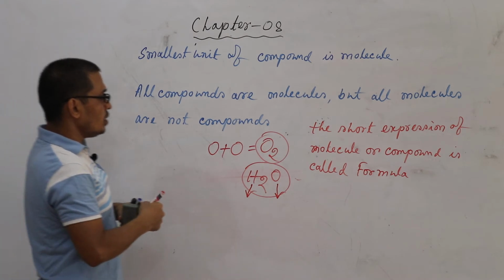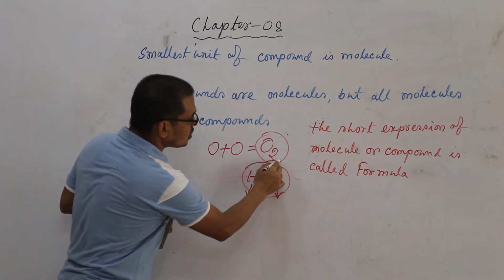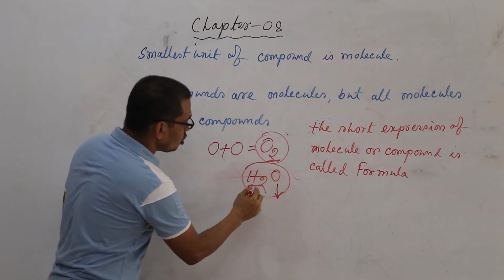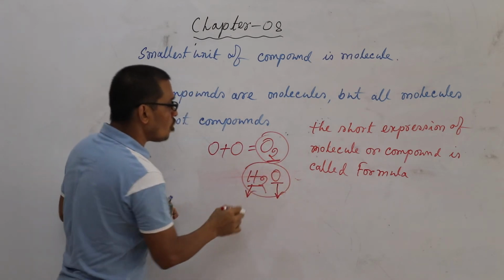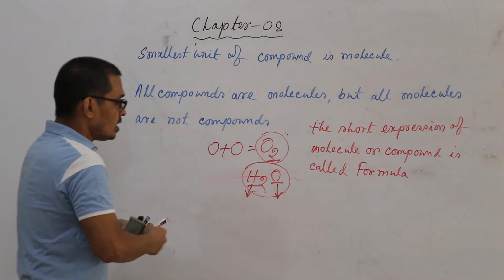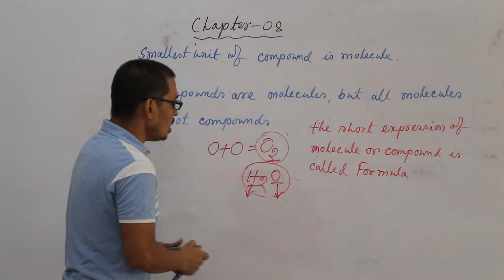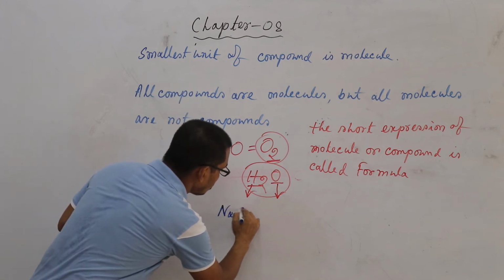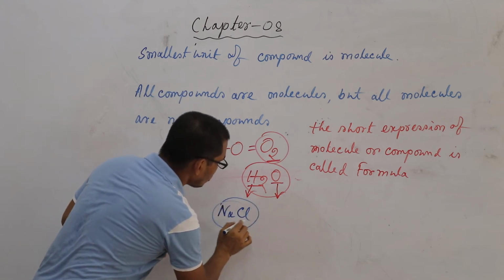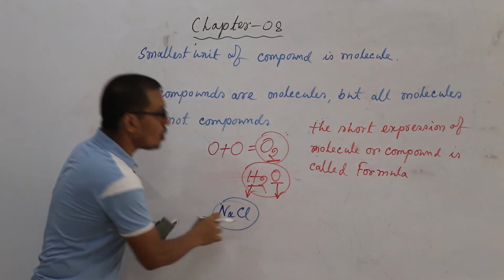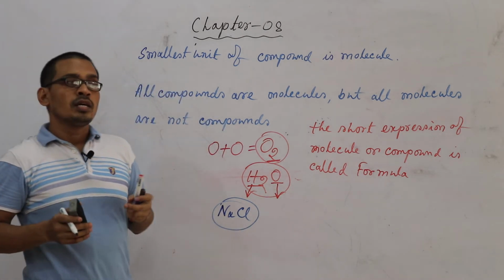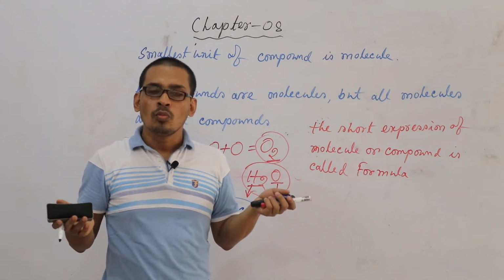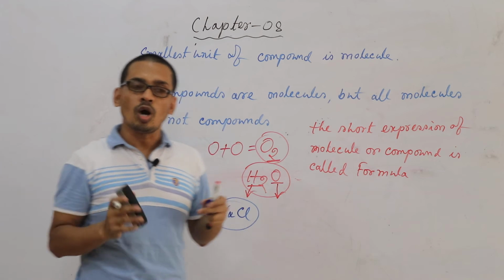Here we can say that 2 oxygen atoms form an oxygen molecule, 2 hydrogen atoms and 1 oxygen atom form a water molecule, and similarly 1 sodium atom and 1 chlorine atom form the sodium chloride compound. So we can say that the short expression of a molecule or compound is called formula.